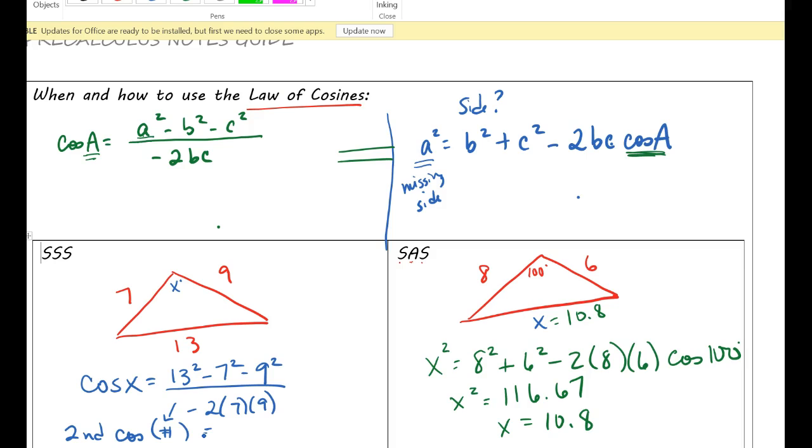And on the bottom, I've got -2 times 7 times 9. And I'm going to close that parenthesis. Okay, I'm getting 108.03 degrees. And that's what I'm getting for my answer, and I really like it based on the picture that I see. Biggest angle across from biggest side. And so there you have it.